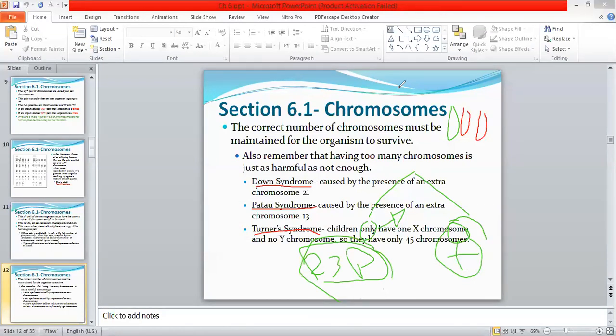For example, chromosome number 21 in male and in female, they are two. You take one from the male, one from the female, so you have two like them.